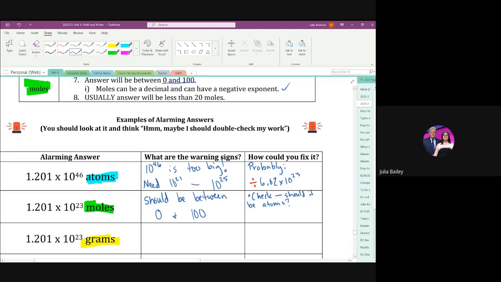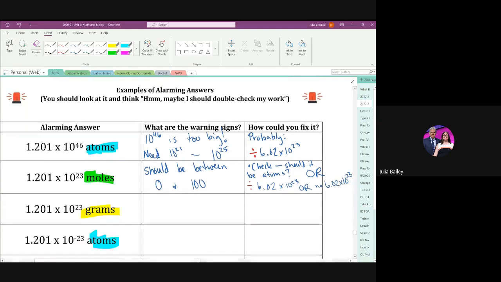Another option is you multiplied instead of dividing by Avogadro's number. You also might not even need Avogadro's number, depending on the problem. Something to think about. There's more options on that one.